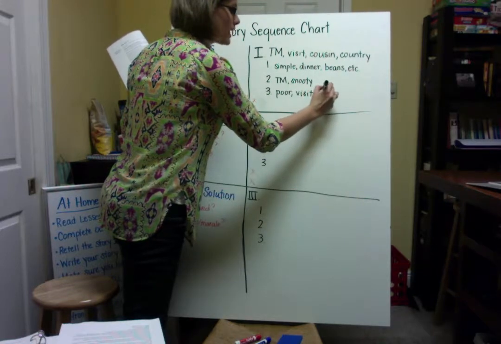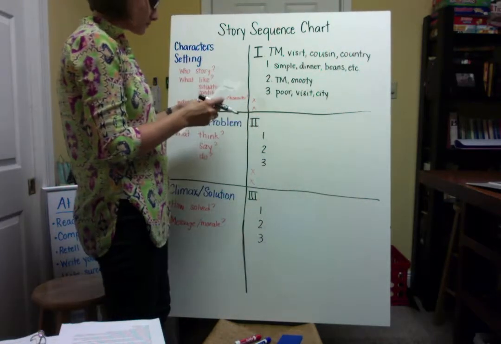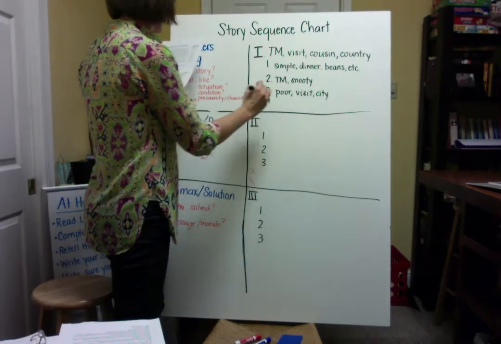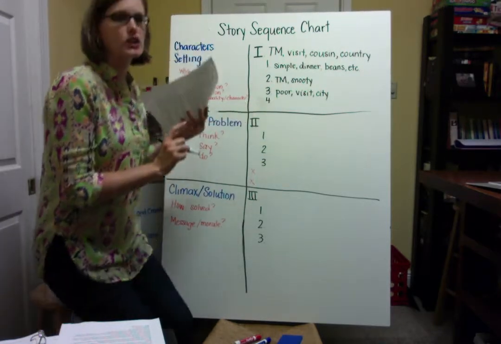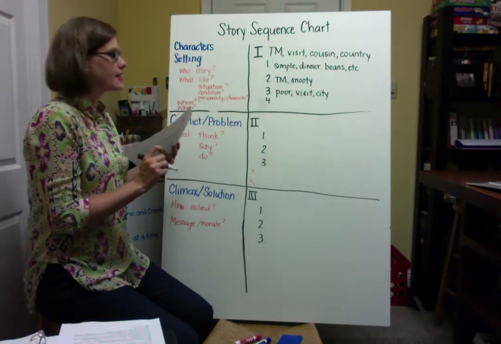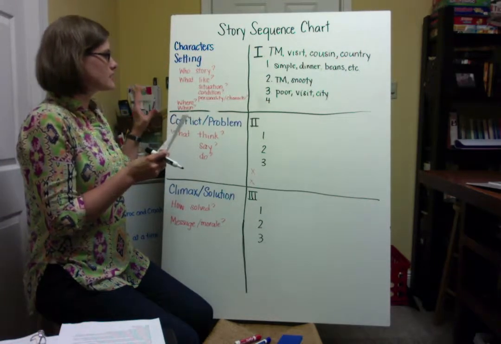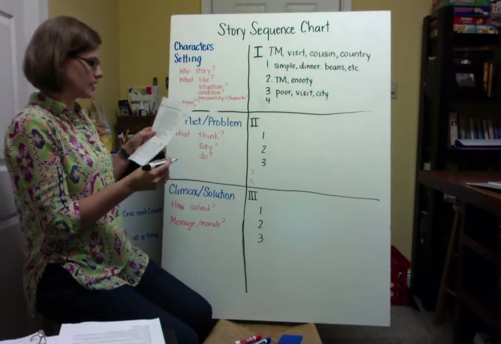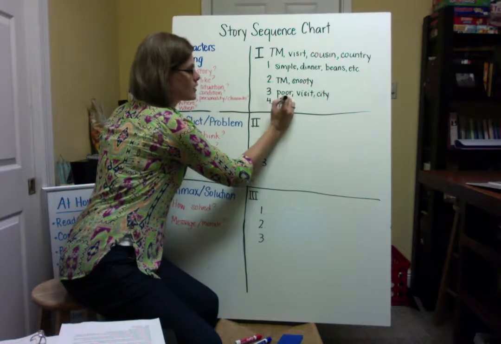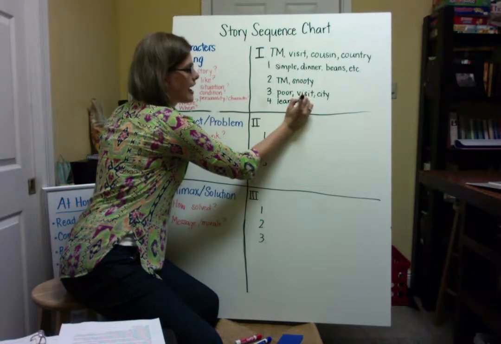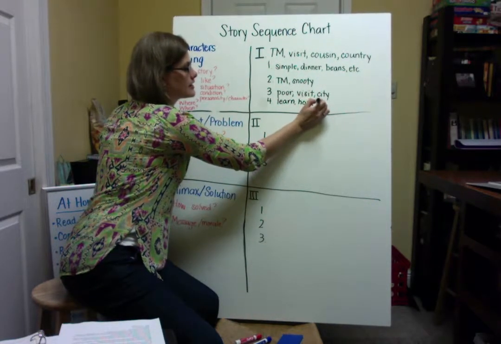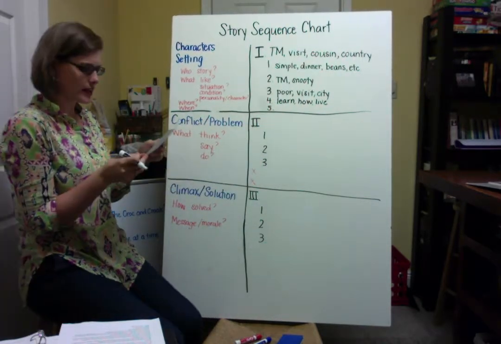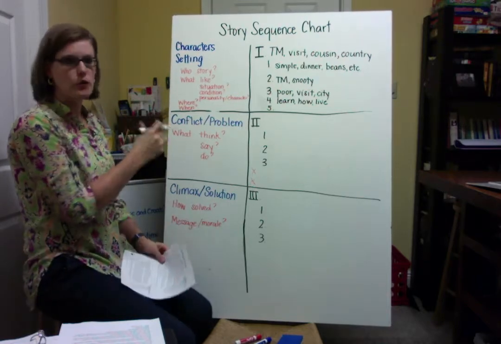And that's the next place that they will go. And we will need to add more information here because we want to answer, why does the town mouse want the country mouse to go to the city? And he wants him to go there because he wants him to learn how to live.